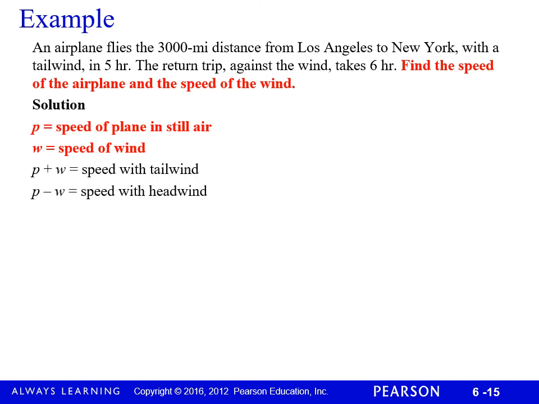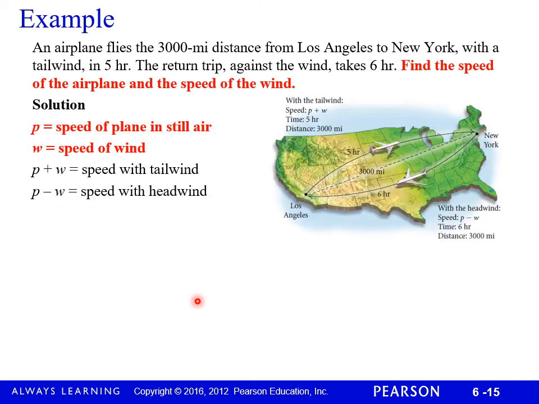So notice that the speed the plane is going with the tailwind is the speed of the plane plus the speed of the wind. Whereas when the plane is flying against the wind, it's the speed of the plane minus the speed of the wind.